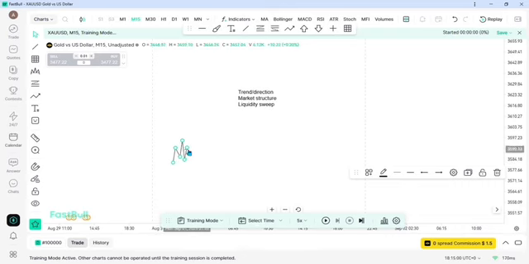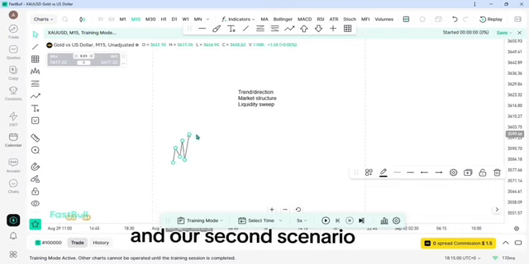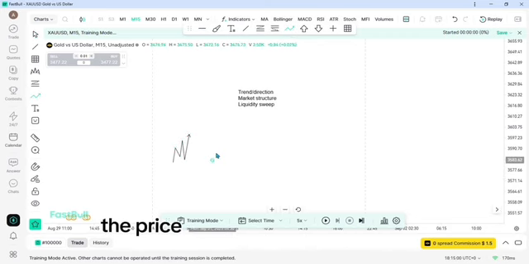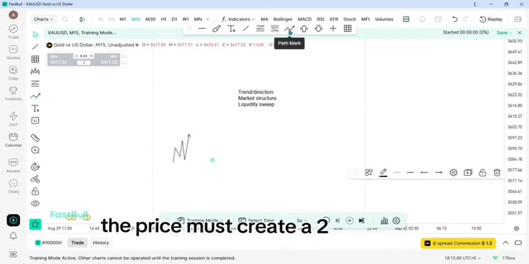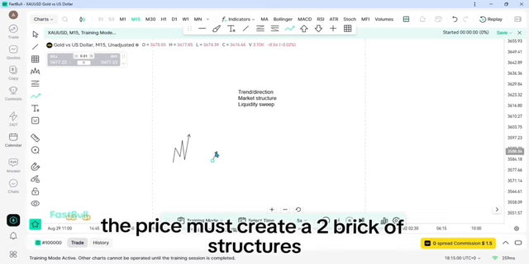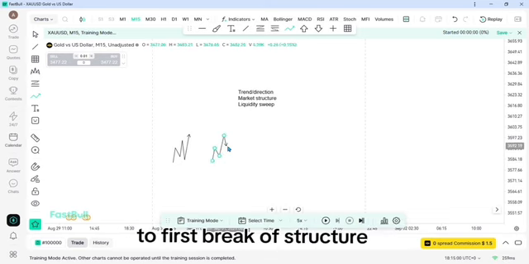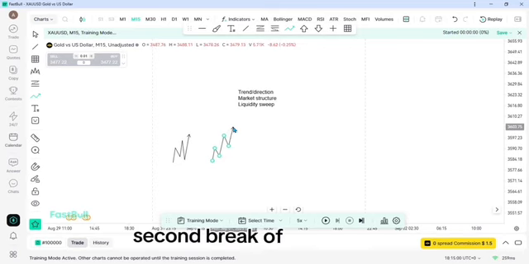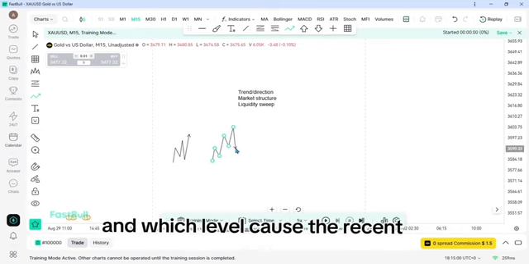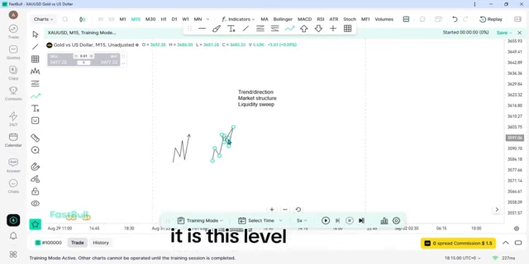All right. And our second scenario is the price must create 2 break of structures to the upside. First break of structure, second break of structure, and which level caused the recent break of structure? It is this level, right?